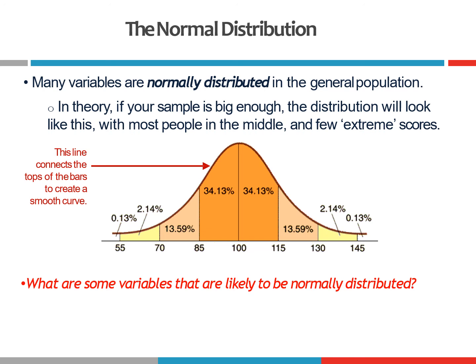So again, one of the most important assumptions we can make in statistics is that our variables are normally distributed in the population. Okay, so many statistical tests assume for continuous variables that they fall within a normal distribution.